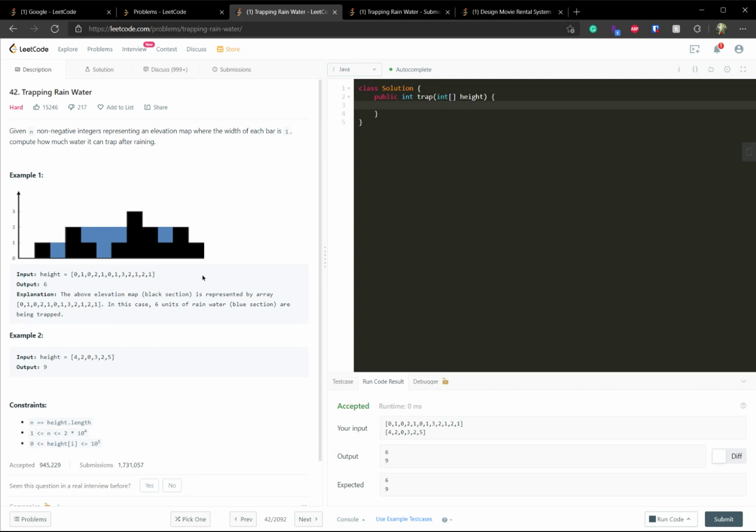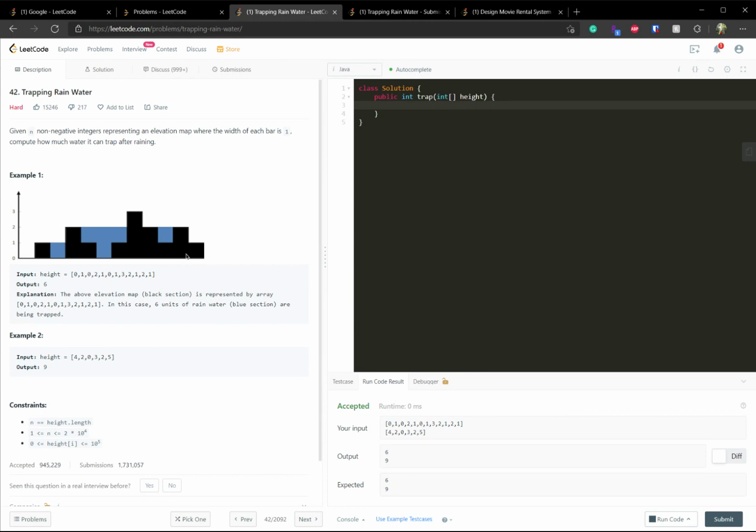And if we're using a two-pointer approach, and we also keep track of the biggest number that we have seen so far, on each step what we are doing is comparing the numbers on each pointer.